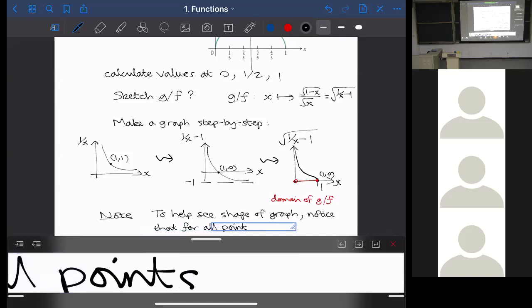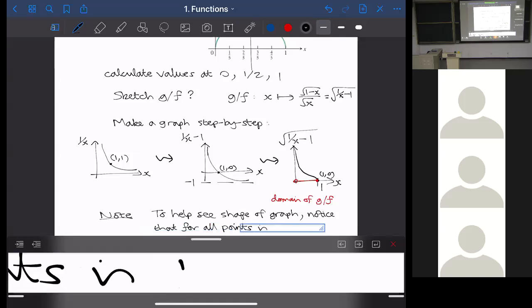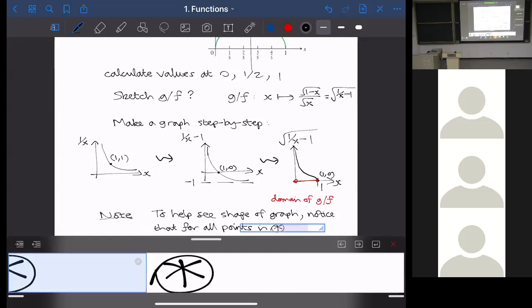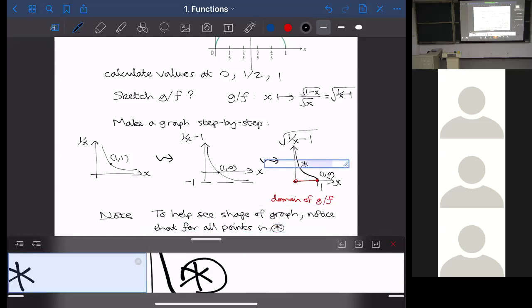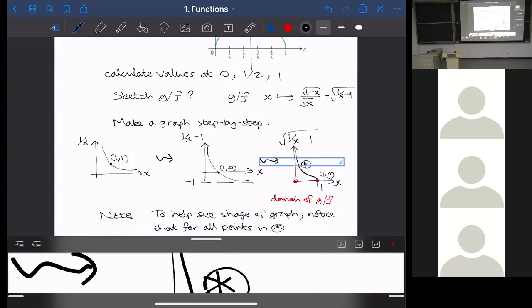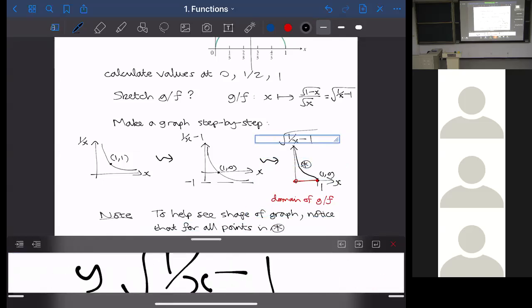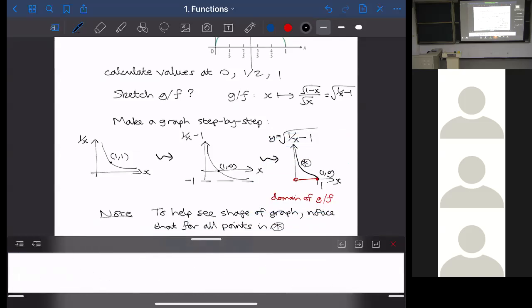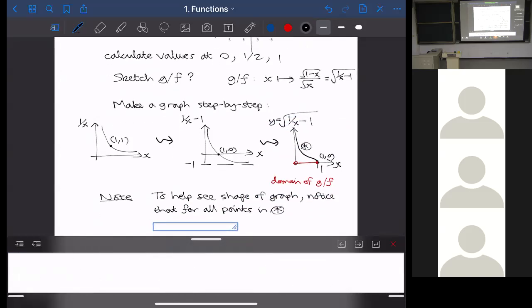Notice that for all points in the graph star, let's call this y, y squared is 1 over x minus 1.